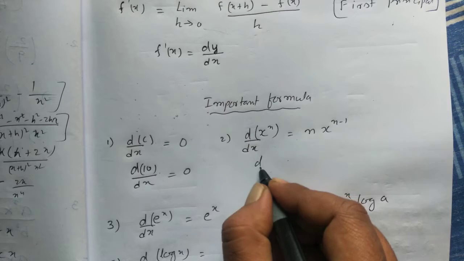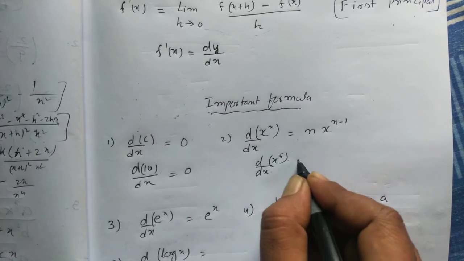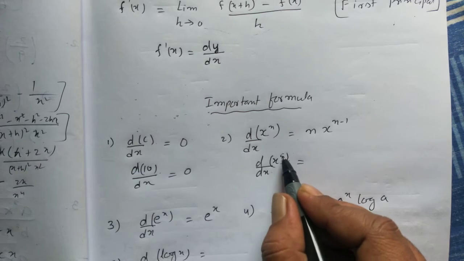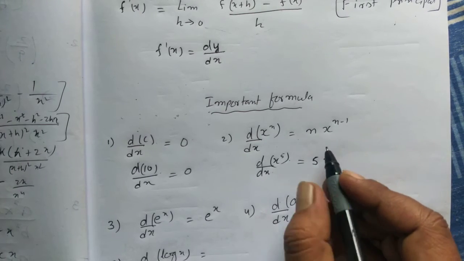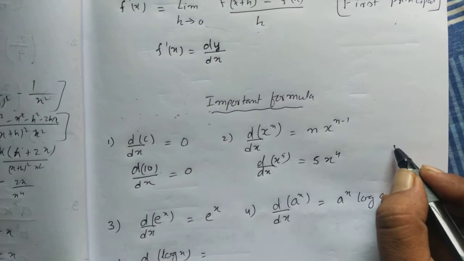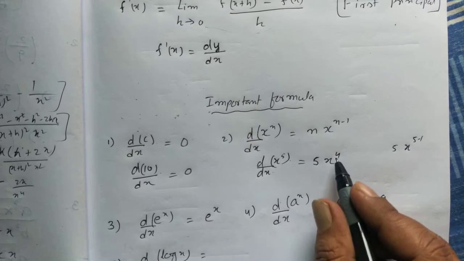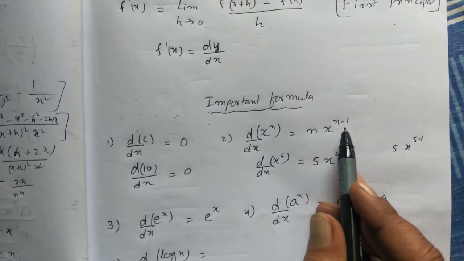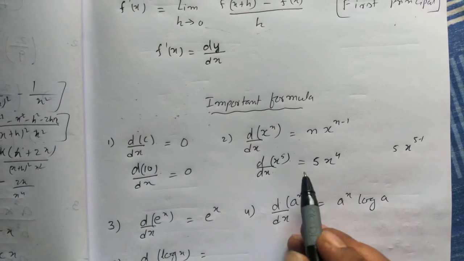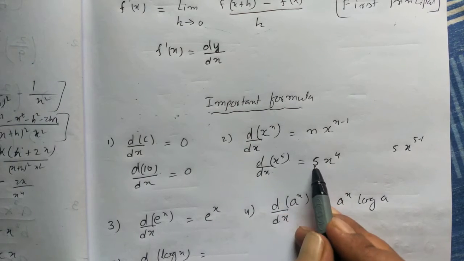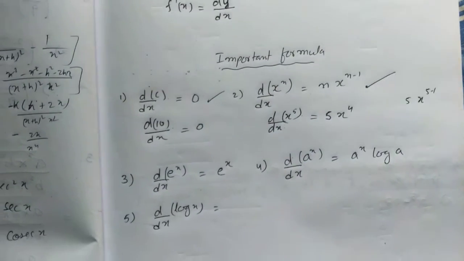For example, if I'm deriving x to the power 5, n means 5, and the power will be 1 less, that means x power 4. It's like 5 x power 5 minus 1, meaning x power 4. So n comes down, and this is the formula. You have to remember this formula.